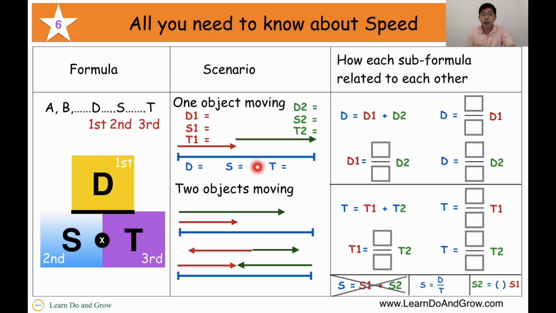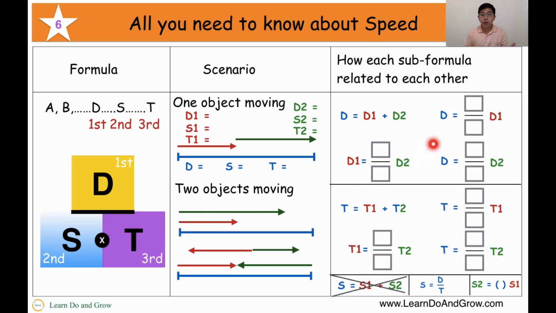So the moment you find all the information over here and you know what they are asking, you come over here to see what formulas you can use so that you can find whatever you want to find. And over here there are two objects moving. Also the same thing. You just label them one by one as I have told you in the previous slide.